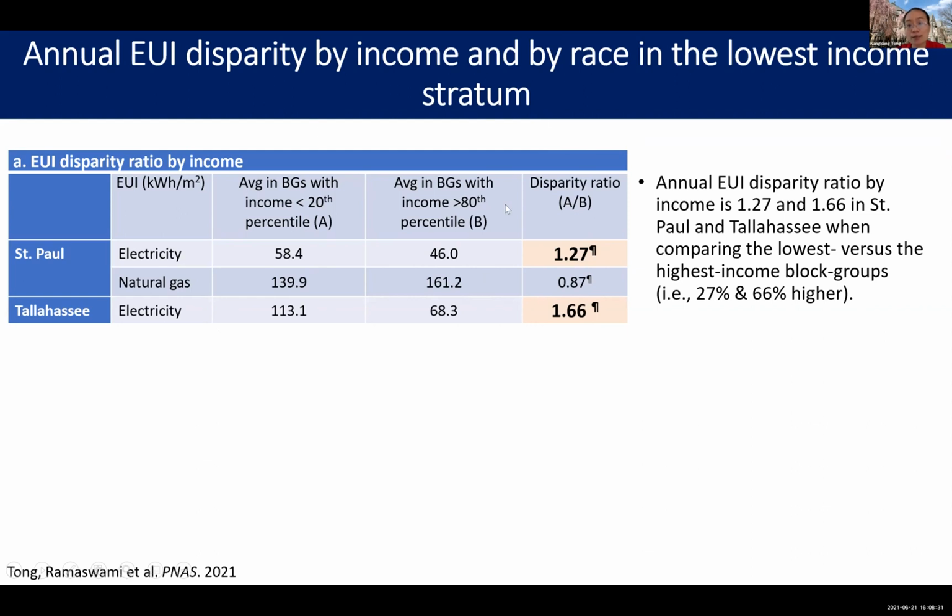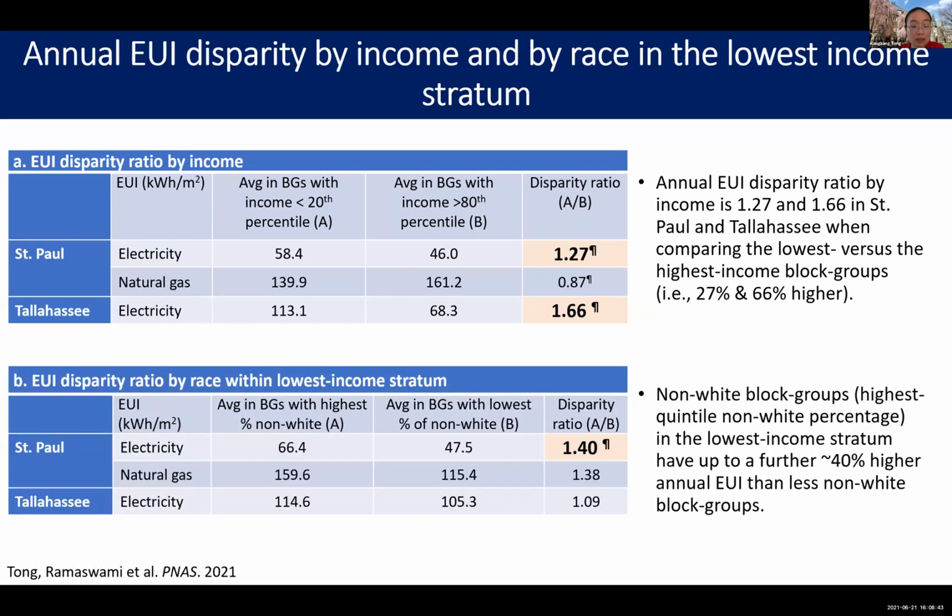These findings align with previous studies, which found a 25% difference. So this is somewhat expected. And then when we're looking at energy use disparity by race within the lowest income quintile, we observed that race can have an additional 40% impact.